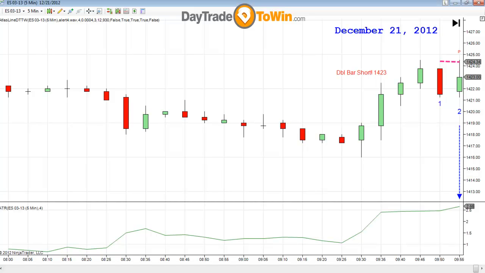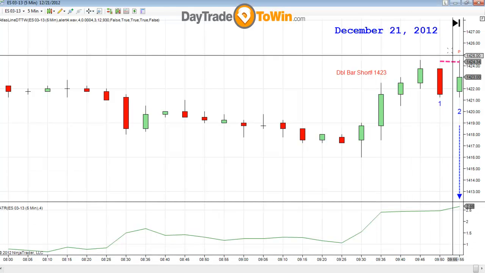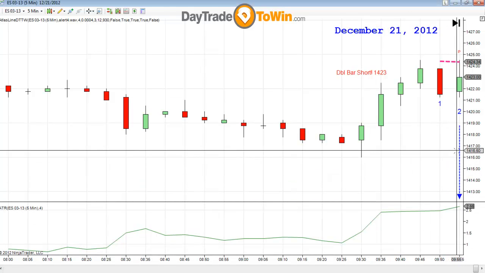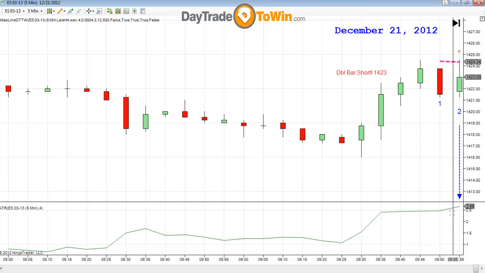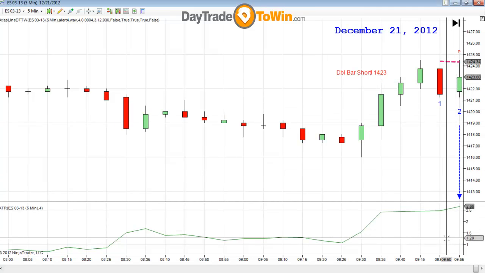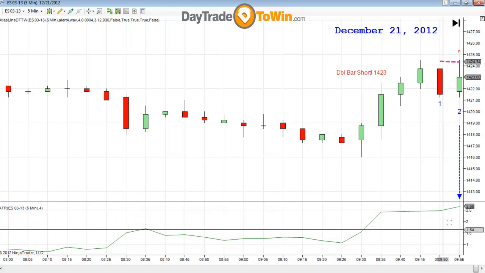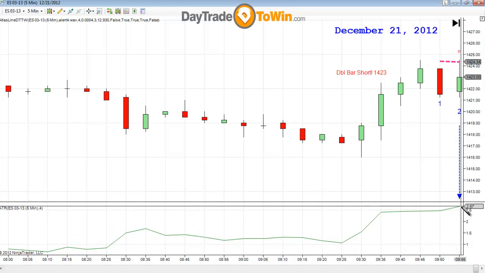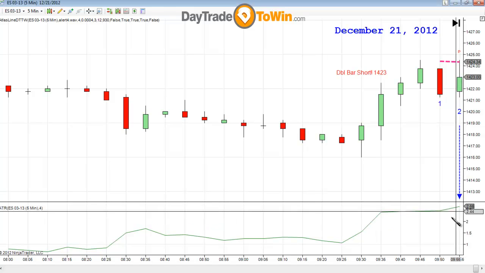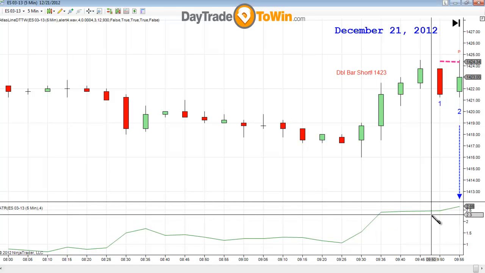I also use the ATR to tell me the profit target. So I use a ratio of 1 times the ATR. Okay, so if the ATR is 2.5, as it was at this point right here, I know that I'm looking at 2.5 points. Now, if the market happens to shrink, right?